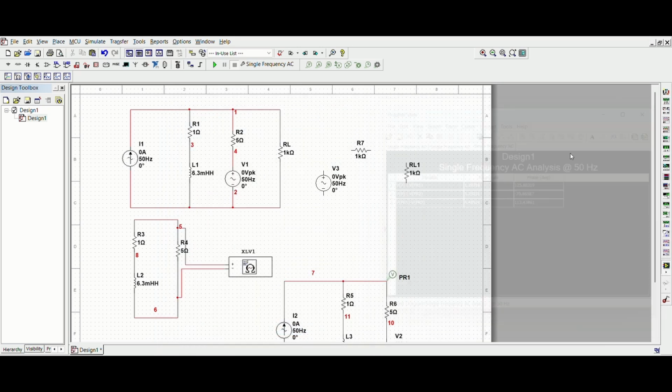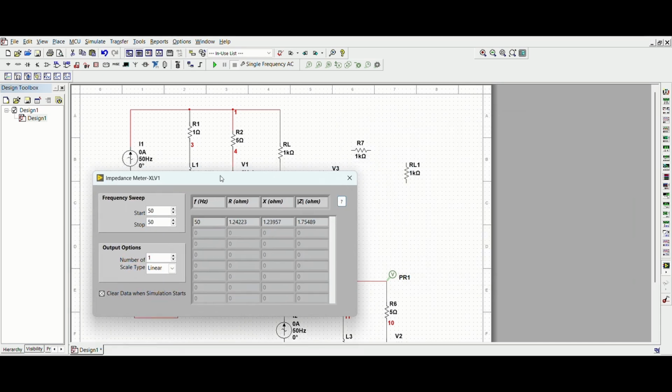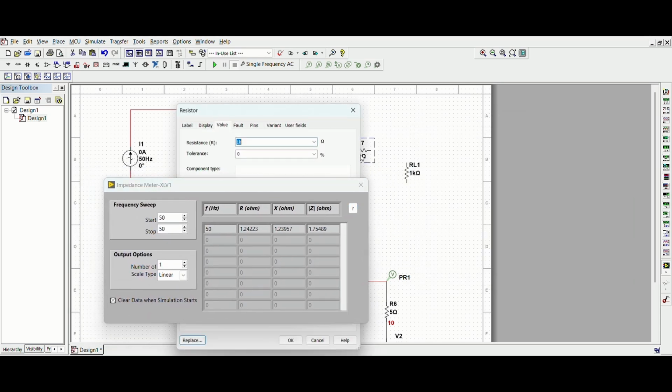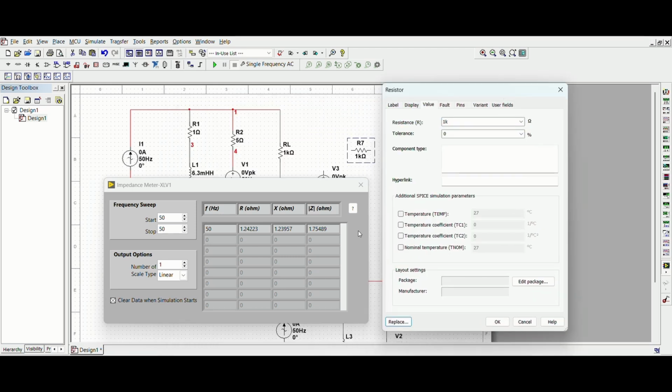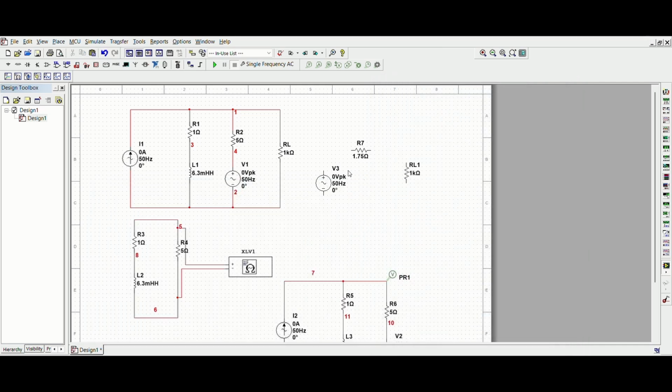And also we have to change our impedance value. So our impedance value is 1.75 ohm, and load resistance value is 1K.